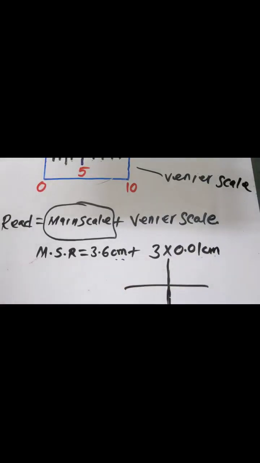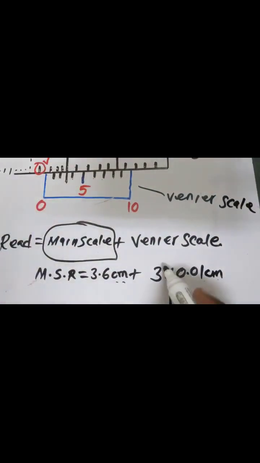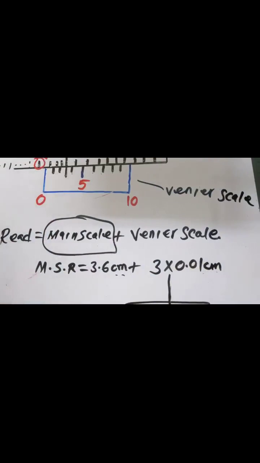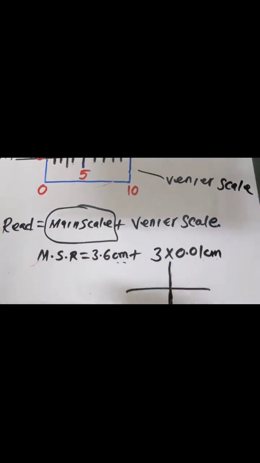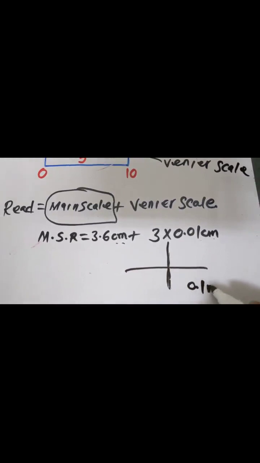This is a constant number that we always multiply with when you are finding the Vernier scale. So always multiply the number that you have found by 0.01 centimeters. Okay, so if it is millimeters, it is 0.1 like that. So that is what you're supposed to do.